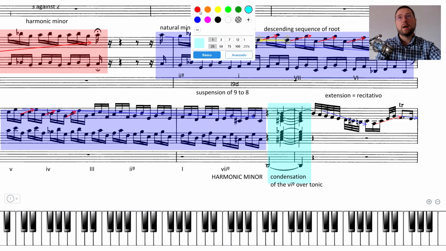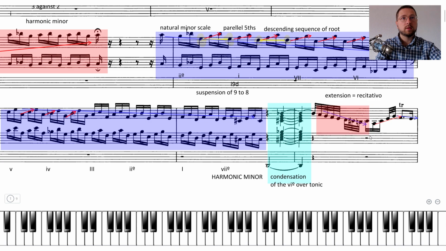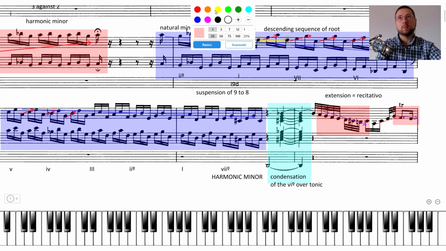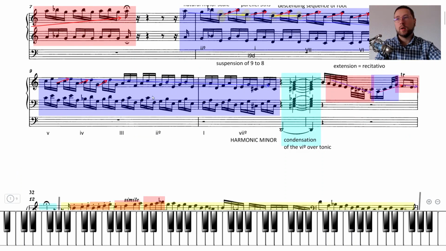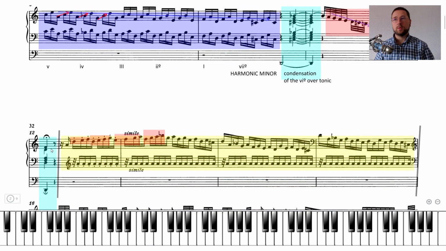So what are they? We have the scale, which is the red part, and we have the arpeggio, which is the blue. These two materials are interlocked in this type of motive, and they eventually lead us to the D minor tonic.